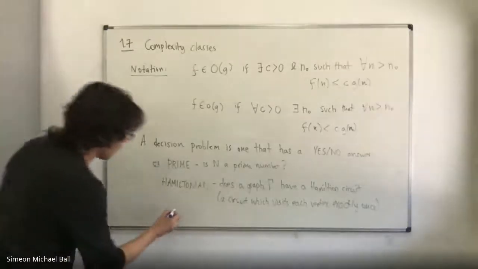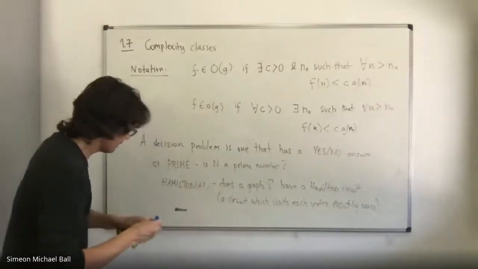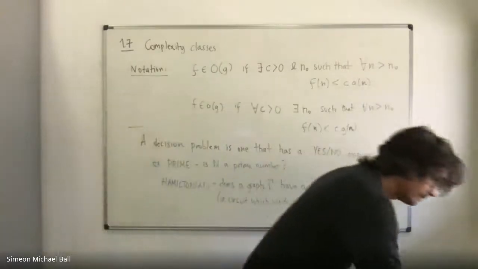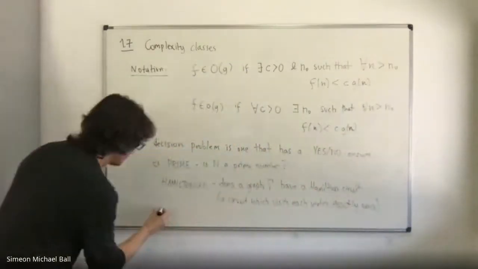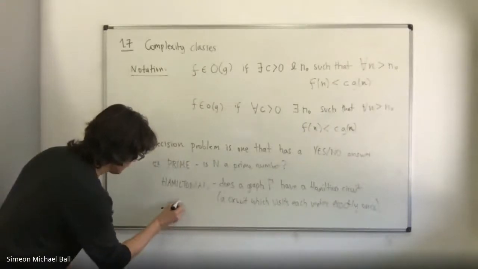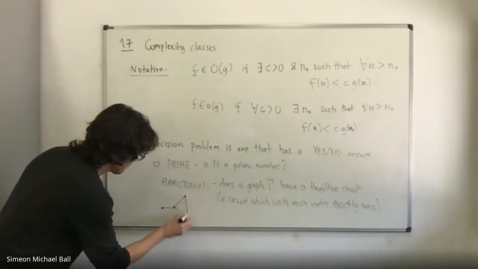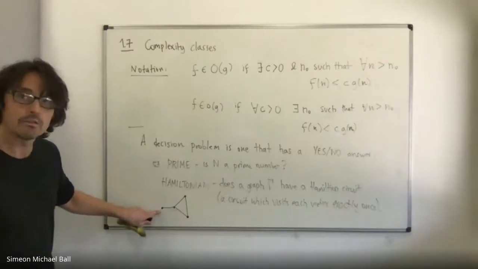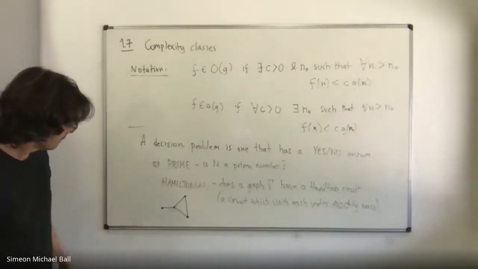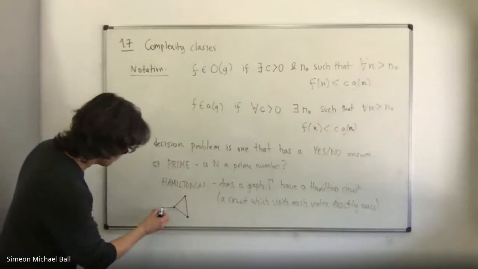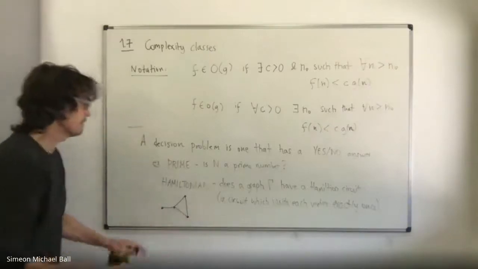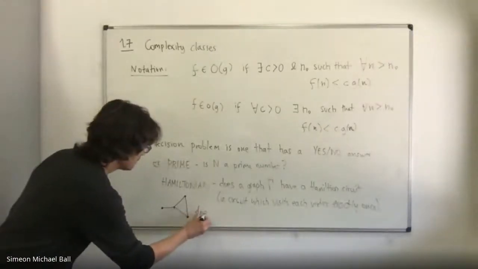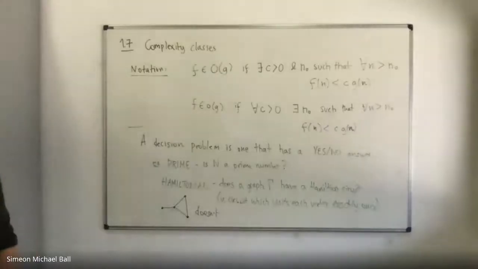So, for example, this graph here. Oh, that's not very good. This graph here doesn't have a Hamiltonian circuit, because you can't get back there. Let's see if we can make it a little bit more. Anyway, this one doesn't. Okay, so these are the classical problems.